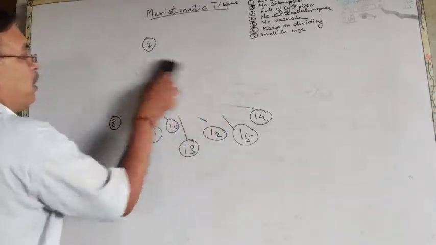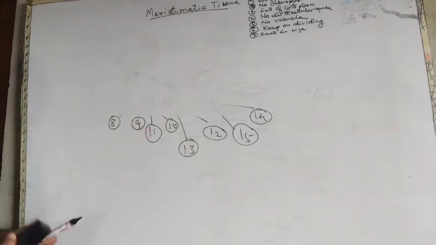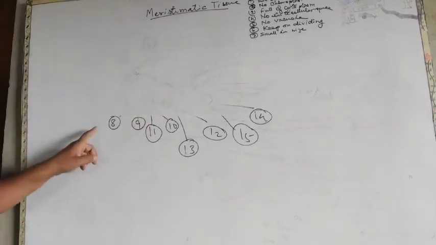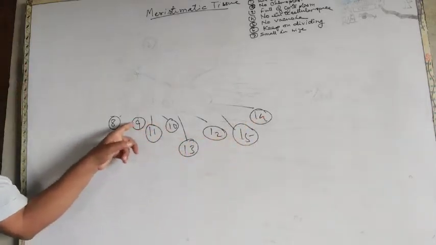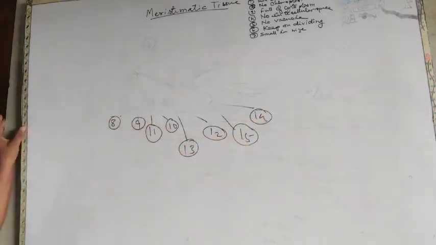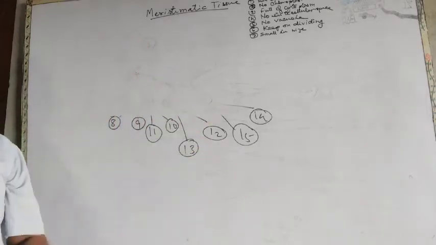Now what will be the scene? This will be the scene. Cell 1 is not there. Now cell 1 has turned into these many cells: 1, 2, 3, 4, 5, 6, 7, 8 cells. Now you have 8 cells. Do you understand? So this cell 1 has turned into 8 cells.